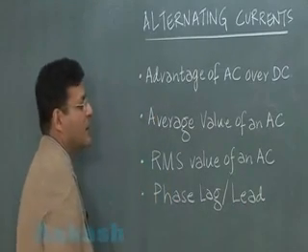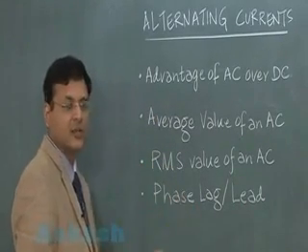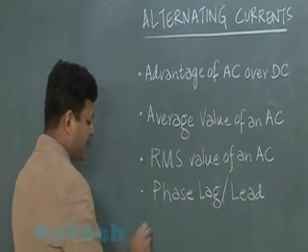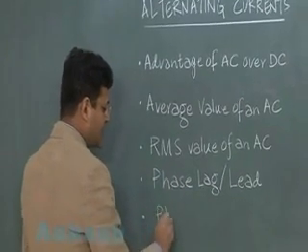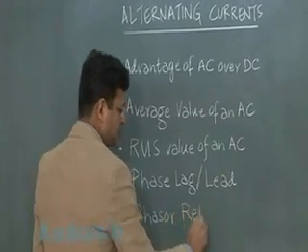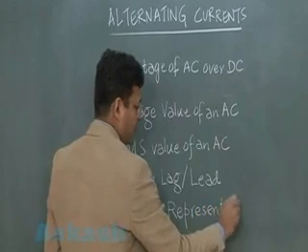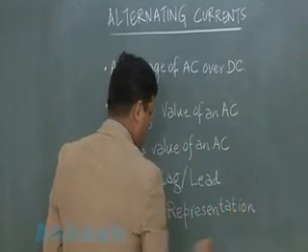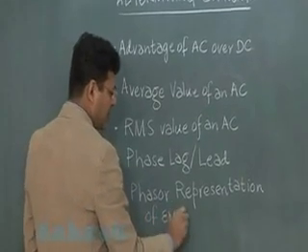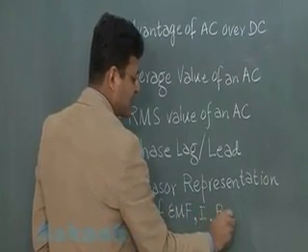Once we understood the concept of magnitude and phase lag lead or direction of alternating EMF, then we switched over to phasor representation of EMF, current, resistance and reactance.